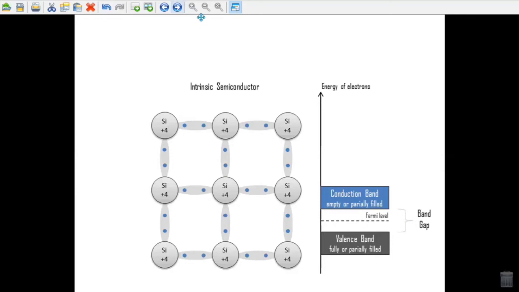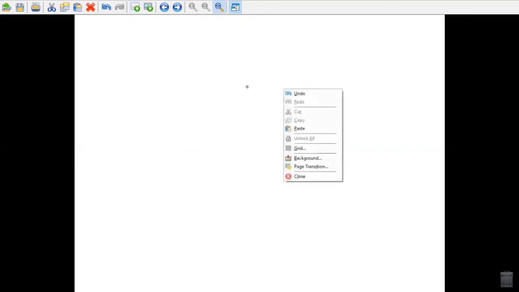Now, a simple explanation of the construction of intrinsic semiconductors is as follows. I hope you can see my cursor. Suppose this is my conduction band.